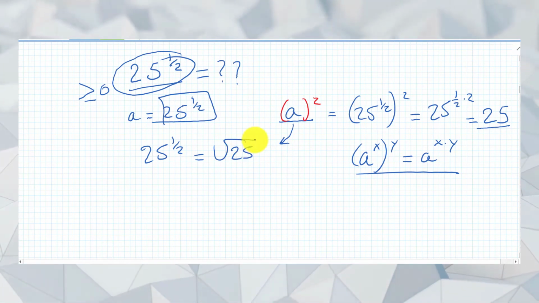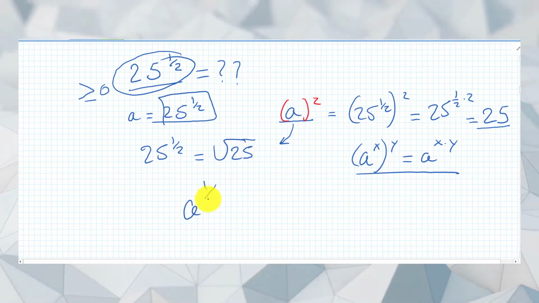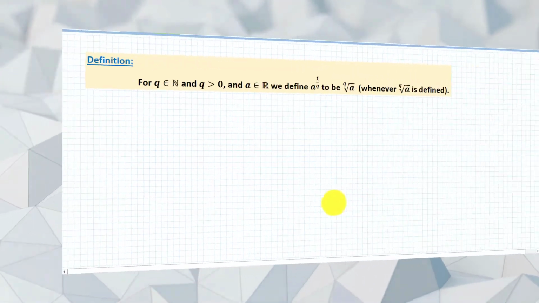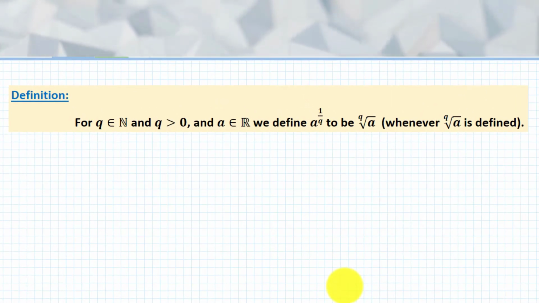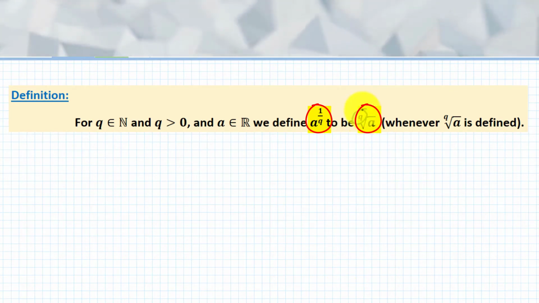Let's now look at the defining statement for a to the 1 over q. Following what I just said, it makes sense to define a to the 1 over q to be the qth root of a, where q is the index of the root.